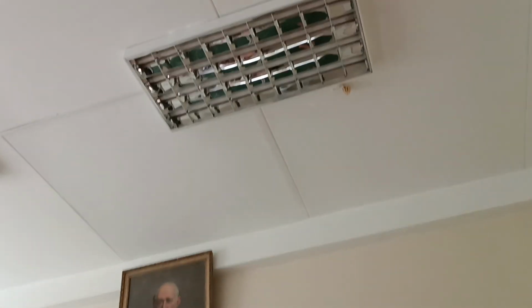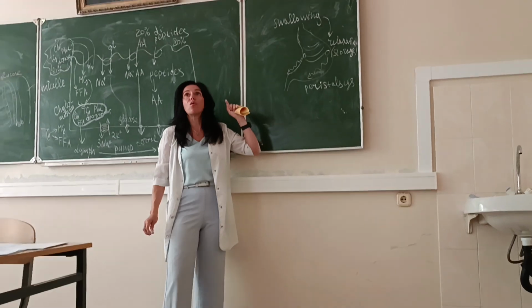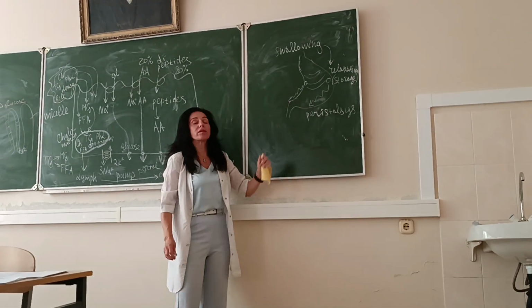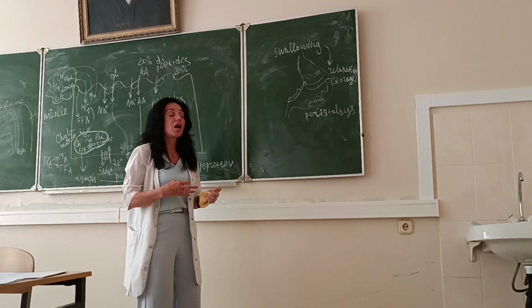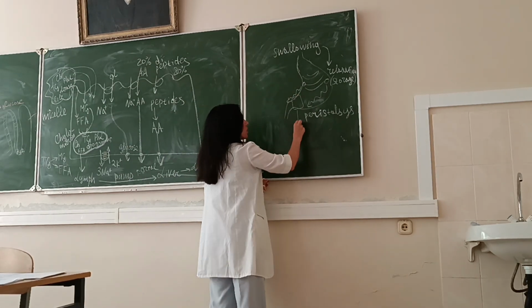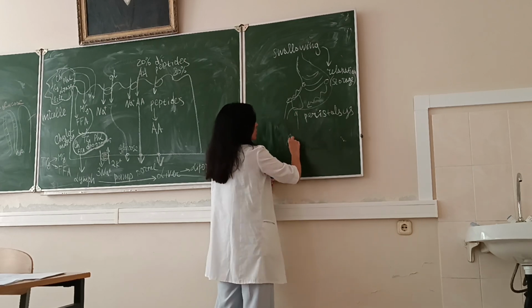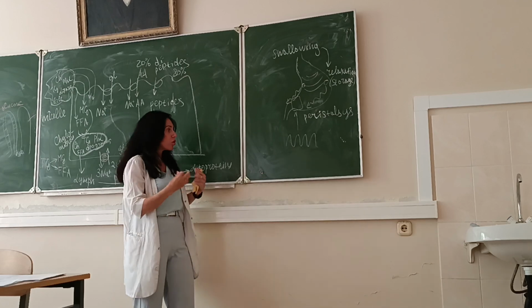Peristalsis. Where is peristalsis more, in the body or in the antrum? Antral. The antrum is the division responsible for motor function, motor activity.